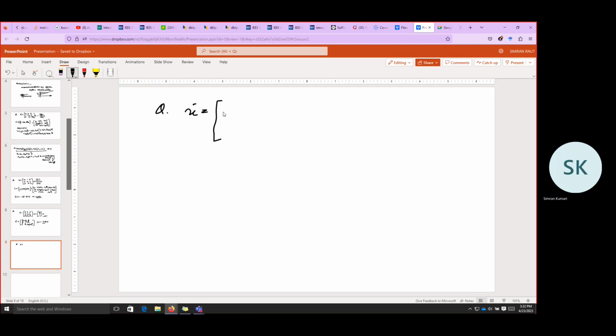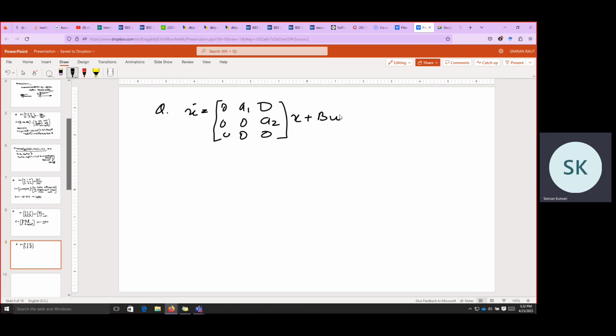So, x dot equal to 0, A1, 0; 0, A2, 0; 0, 0, 0, x plus Bu, where A1, A2 are not equal to 0, for this system where B is unknown.